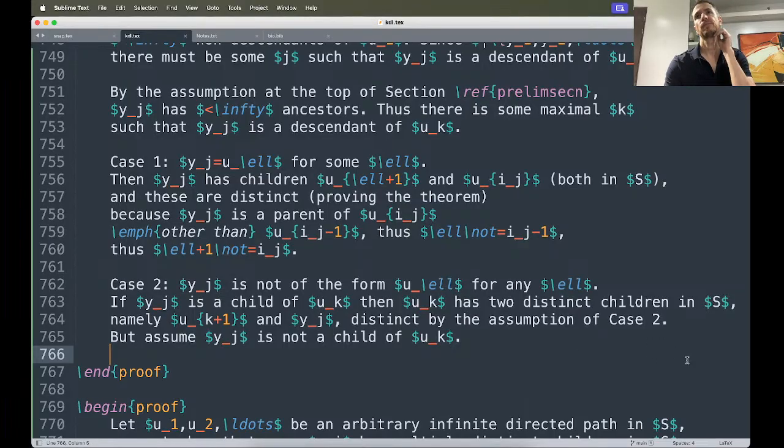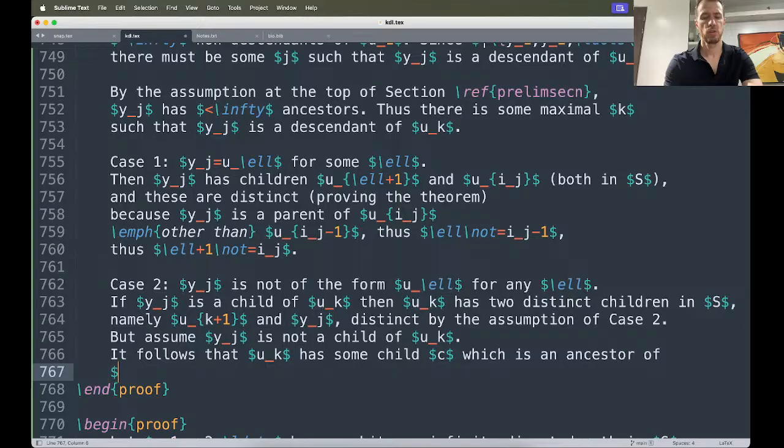Well then, it follows that u sub k has some child C, which is an ancestor of y sub j.